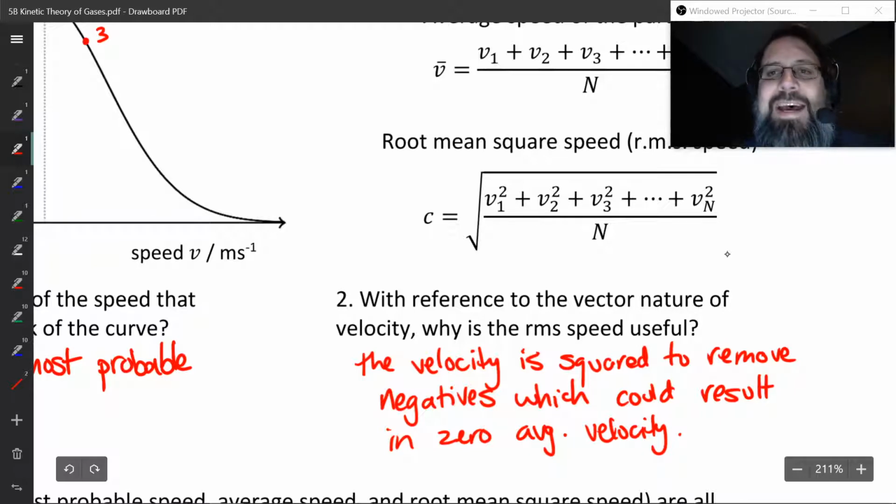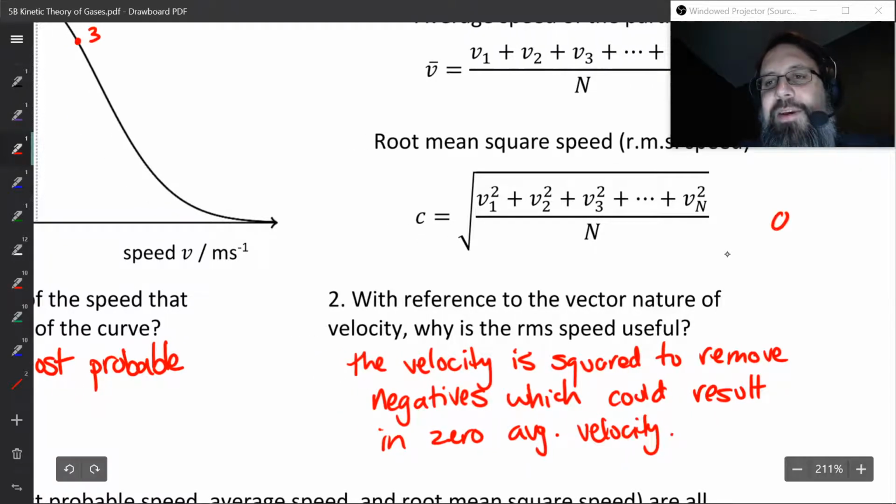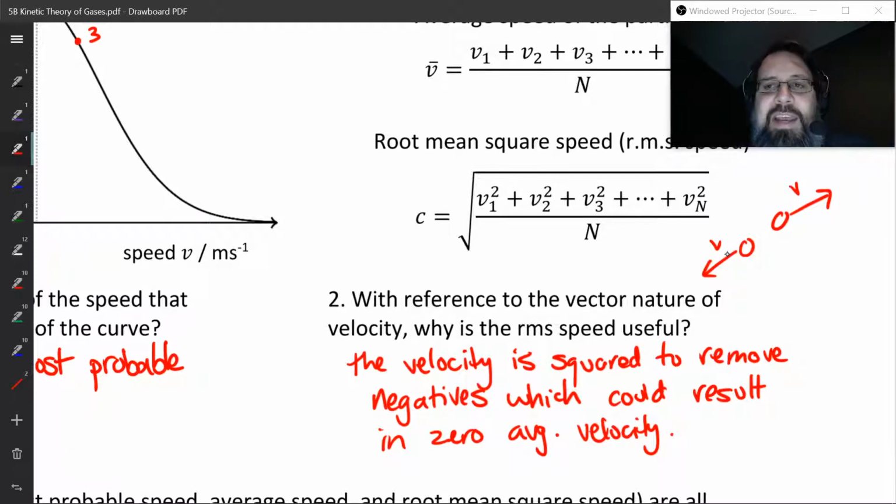So we don't want that to happen, right? You imagine if you had a particle that was moving this way and another one that was moving this way, the average velocity could end up being zero. If these guys both had the same speed but they're in opposite directions, the average velocity could be zero.